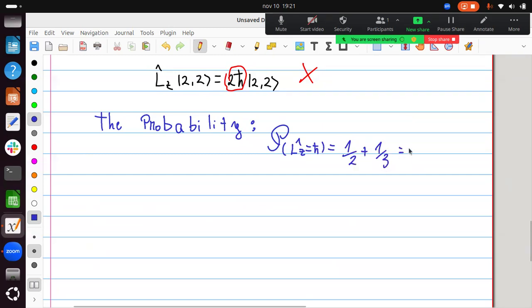And this is just 3 plus 2 over 6, 5 over 6. This makes sense because it is not greater than 1, so its probability is less than 100%.